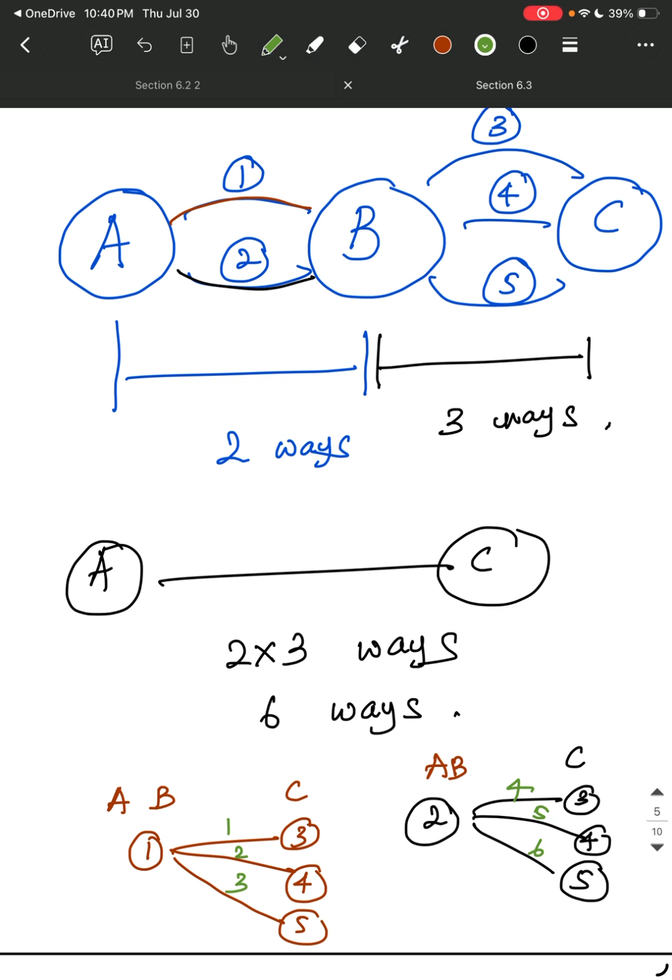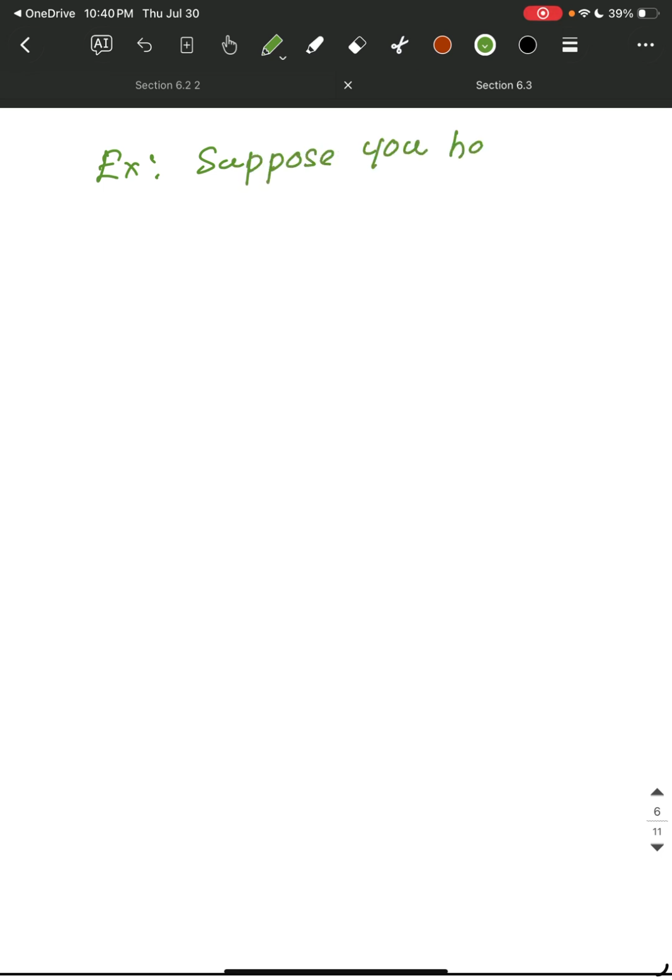Right? Okay. One more simple example. Suppose you have 3 shirts and 2 pairs of pants.